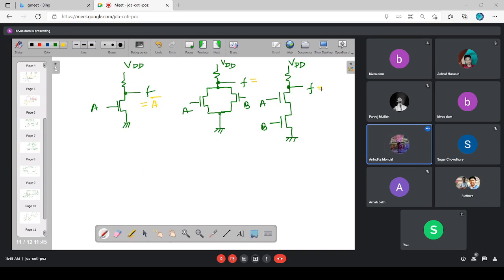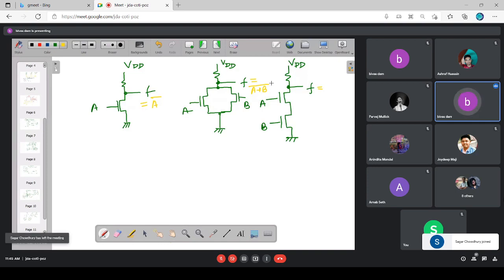So NOR. Output will be 0 if any of A or B is 1. For the output to be 0, this ground potential should be available here. So that means either this path or both paths should be on.